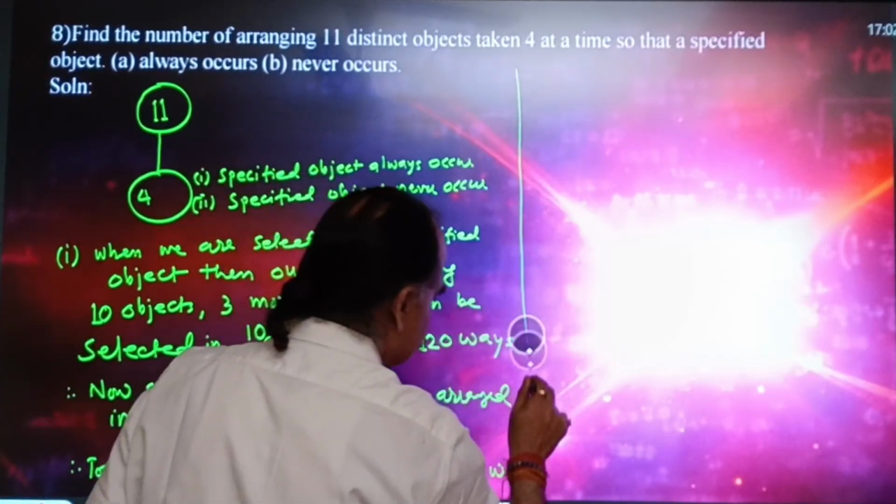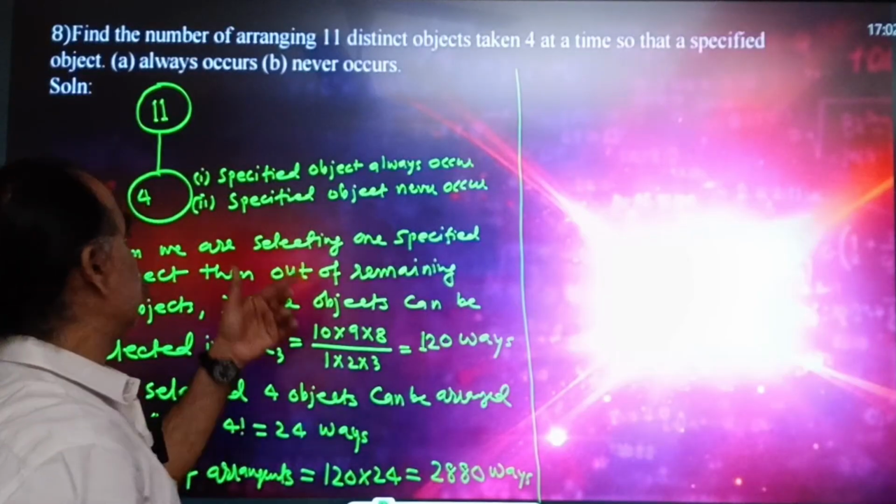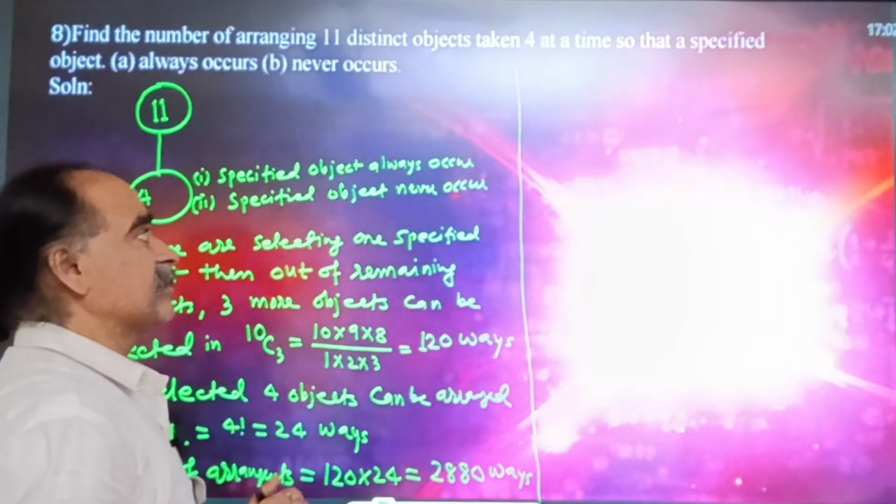And second part is what? A specified object never occurs.